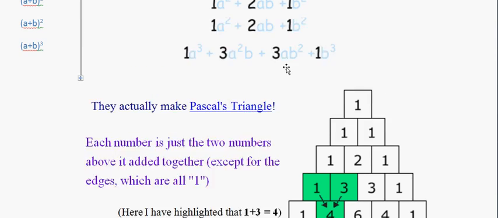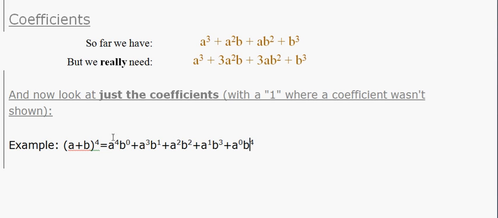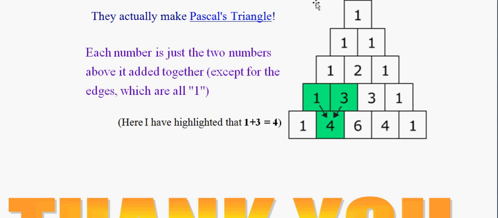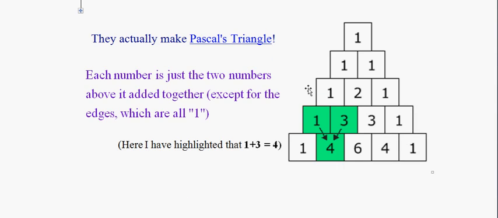Now we have done one example before, that was a plus b whole power 4. We have to add the coefficients. Let us see what its coefficients will be. It is for exponent 0, exponent 1, exponent 2, exponent 3, exponent 4. This will be our coefficients.